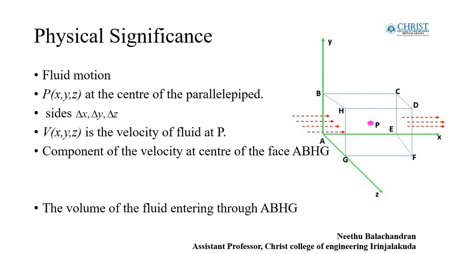I have represented the velocity of the fluid as v of xyz. In vector form, v of xyz is equal to Vx i plus Vy j plus Vz k, where Vx, Vy and Vz are the components of the velocity along the i, j and k directions.